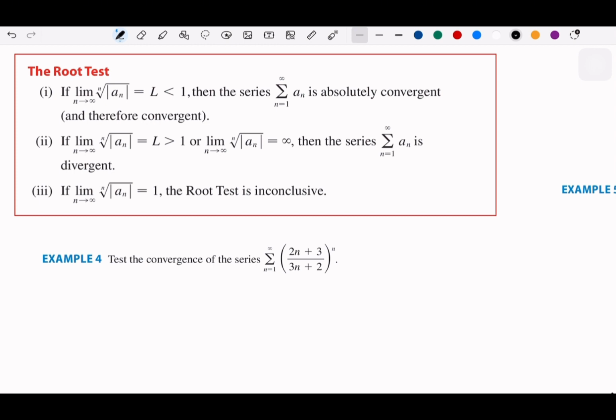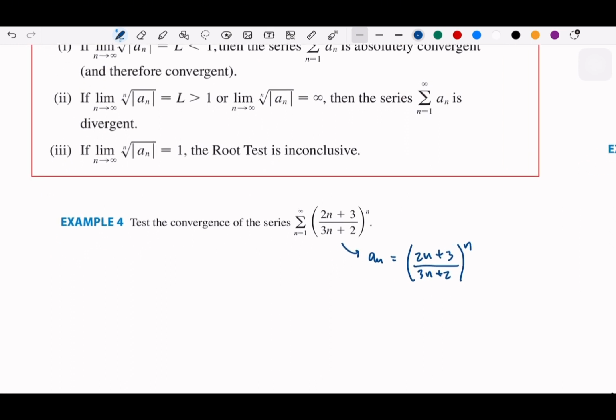So whenever you see any nth power, the usage of the root test will be helpful. So we take the root with power of n, which results in (2n plus 3) over (3n plus 2).